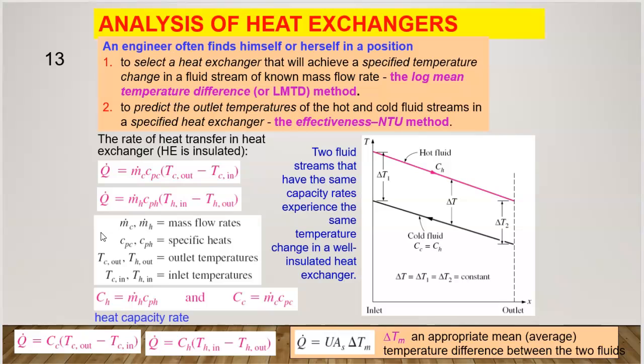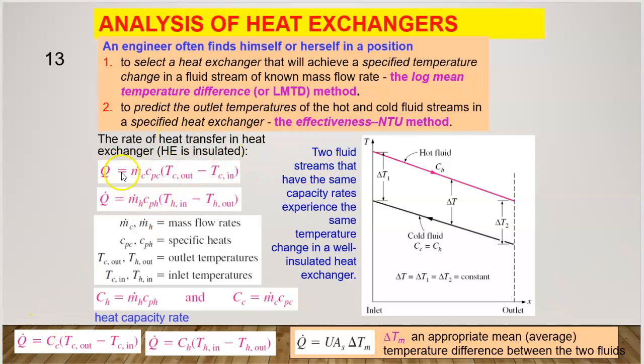The first one is we call it the LMTD method, or log mean temperature difference method, and the other one is the effectiveness-NTU method. So there are two ways. Basically, what you need to know by having all these methods first is the formulas.